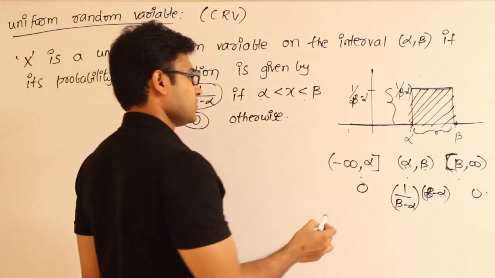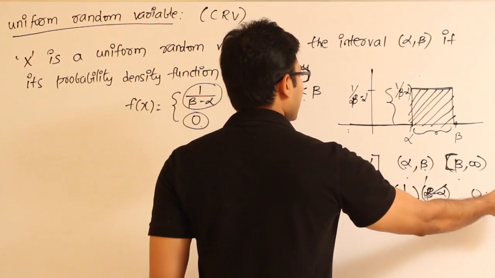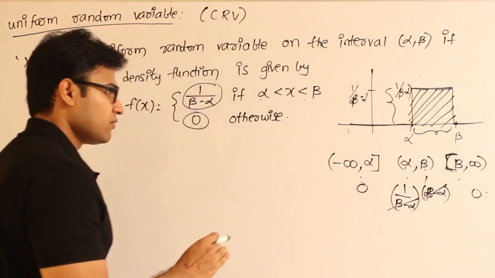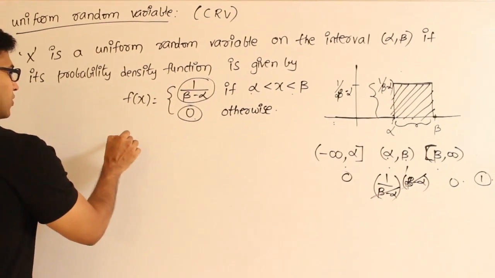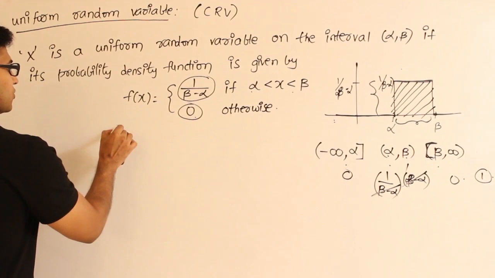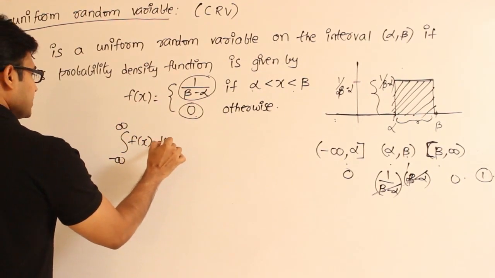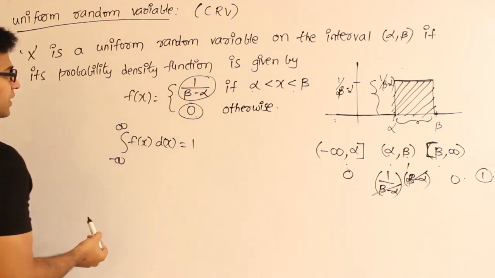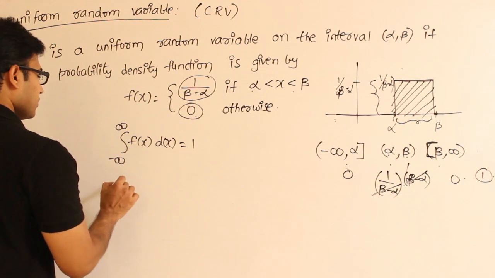Therefore, if you sum all these terms, the total probability is 1. Or if you want to see it the other way, using the formula itself, I told you that the integral from minus infinity to infinity of f of x dx has to always be equal to 1. Let's see if it is true here.